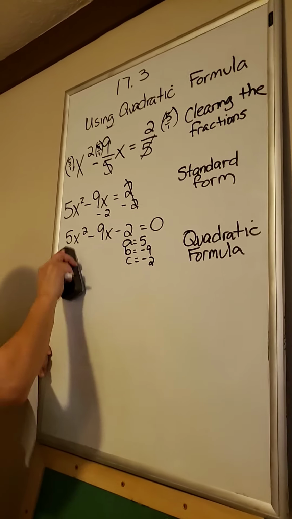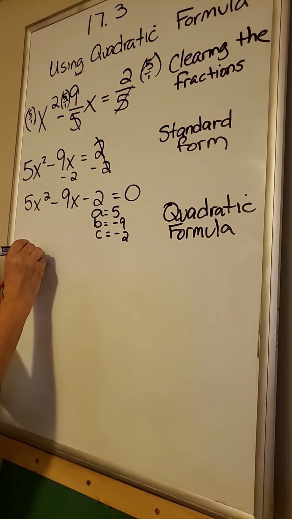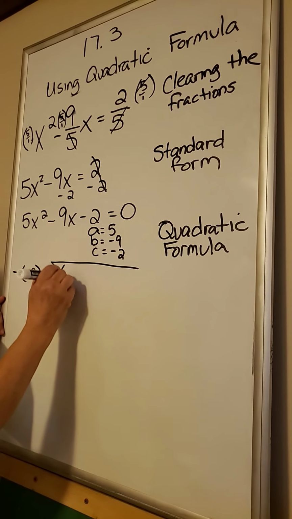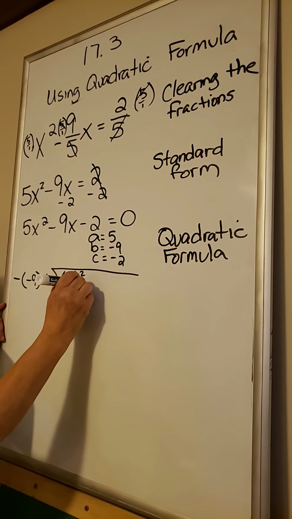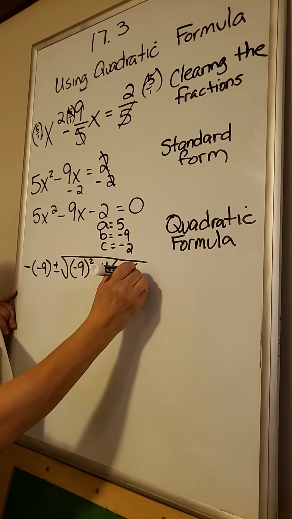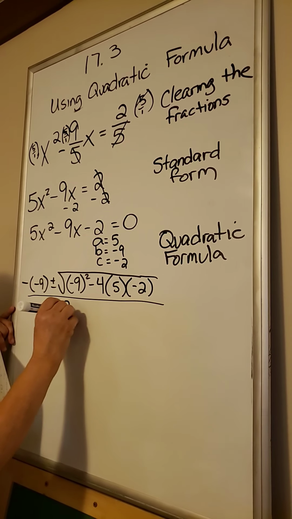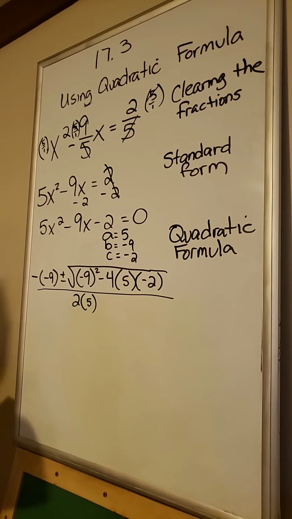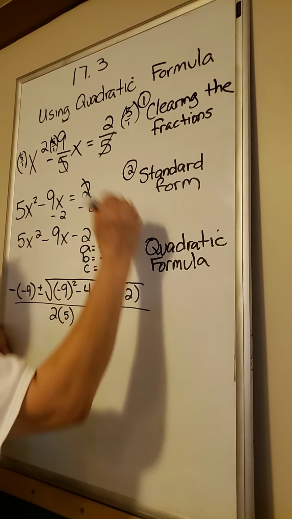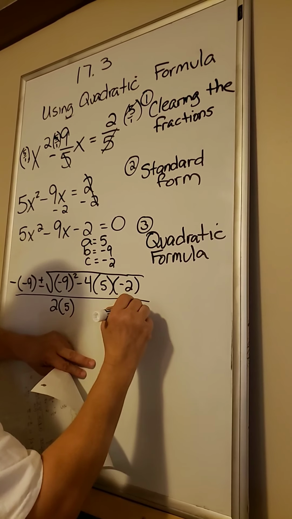So we're going to have negative, our b is -9, plus or minus radical b squared, so we've got -9 squared, minus 4 times a, which is 5, times c, which is -2, all of this over 2 times a, which is 5. So you have to clear the fractions first, then put in standard form, then plug it into the quadratic formula, and then you're going to solve.